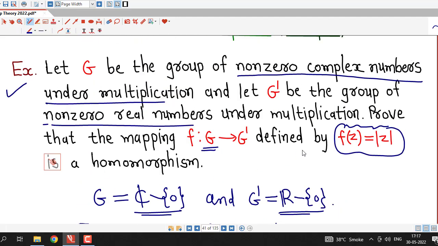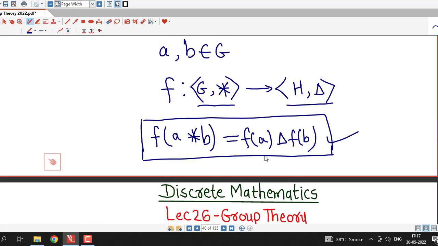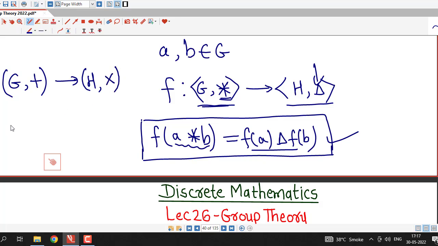So whenever we are trying to prove a group homomorphism, we have to take care of the operations given in both the groups. If we are given star, here we will write star for two elements. If we are given delta, here we will write delta. Suppose we are given G with addition and H is given under multiplication, then our condition will look like this: f of a plus b equals f of a into f of b.